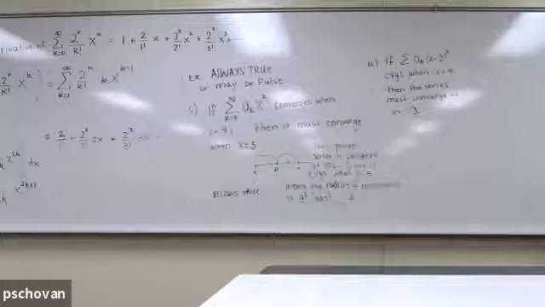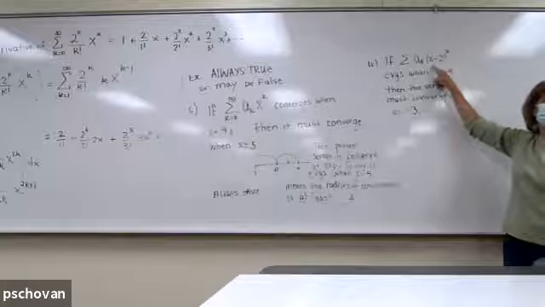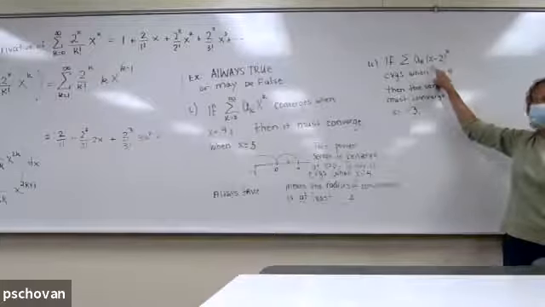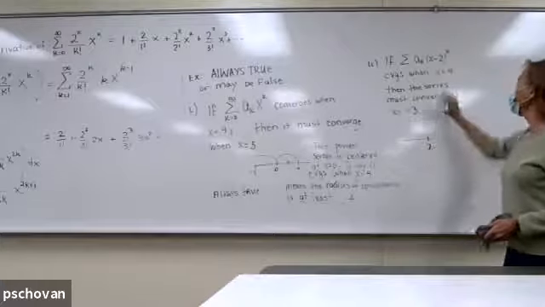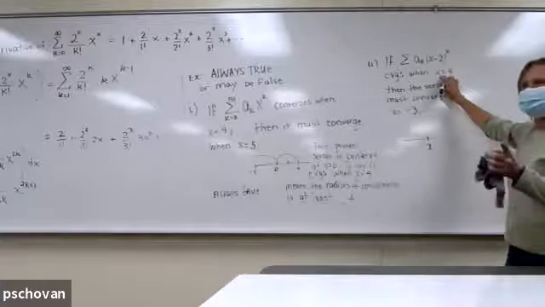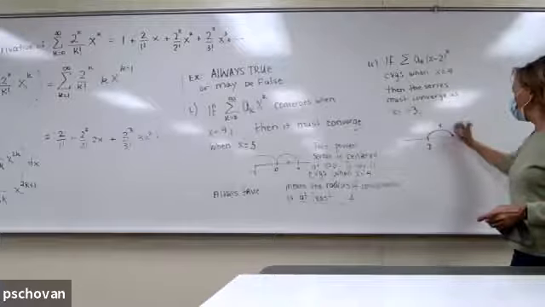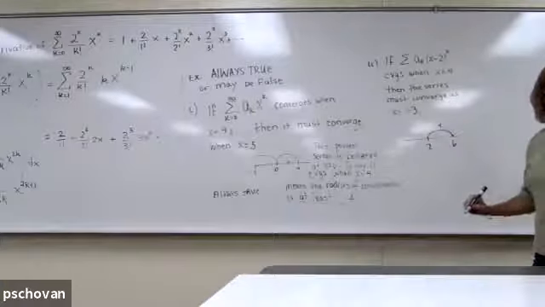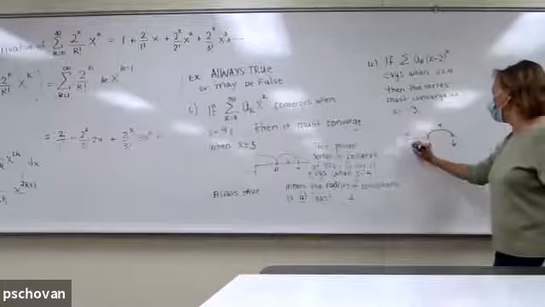So make the picture. Where's the center of convergence, the center of the power series? X is 2. So x is equal to 2. The radius is at least 4. So that means it has to converge for all numbers between 2 and 6. Go back 4.